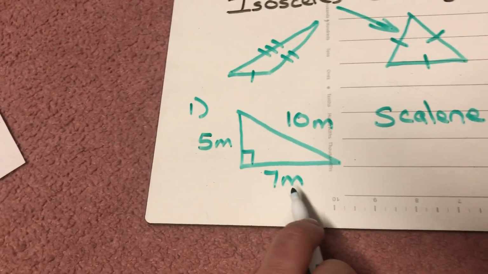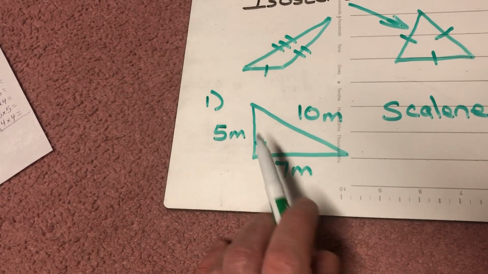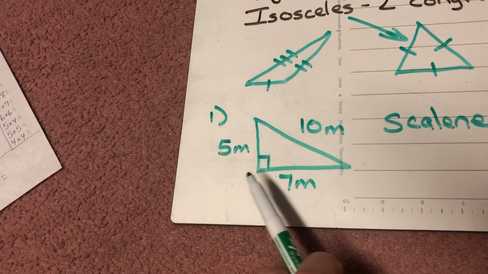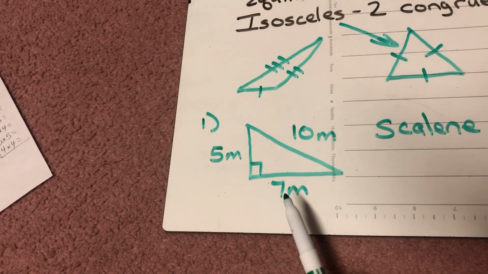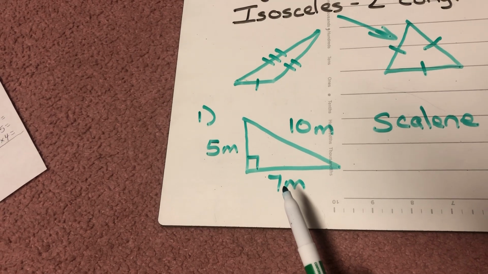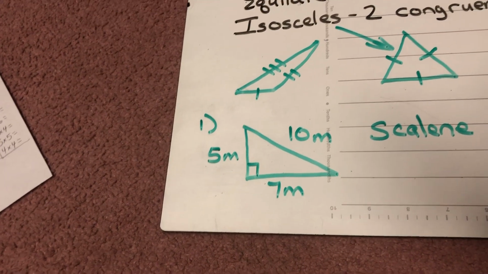Now, if you're a teacher watching this video, or a student, or a parent, I want to make it very clear that I'm just using this as an illustration. I realize that this right triangle does not fit the Pythagorean theorem, the idea that a squared plus b squared equals c squared.